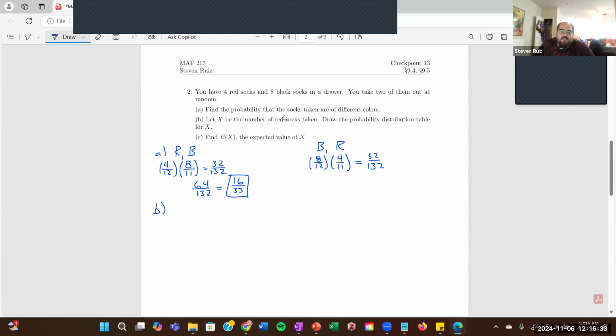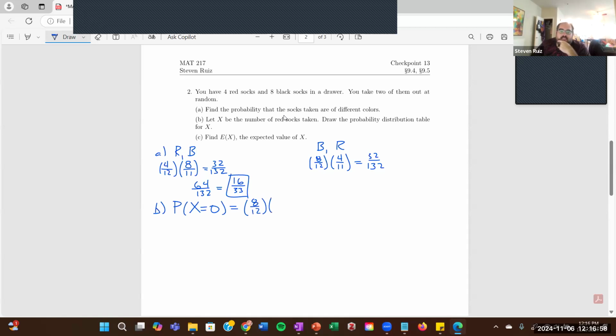So let's take these. What's the probability that capital X equals 0? So basically what I have to do here is draw black then black, right? What's the probability I draw a black sock? That's going to be 8/12.